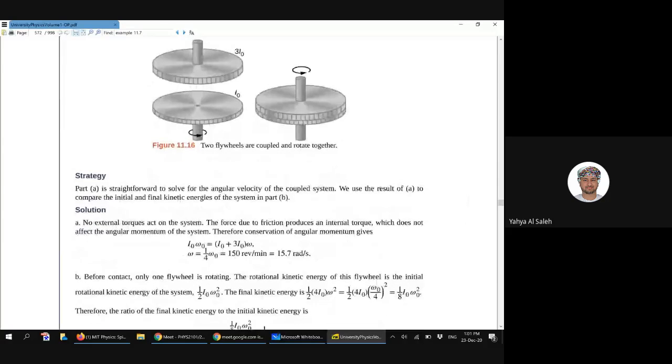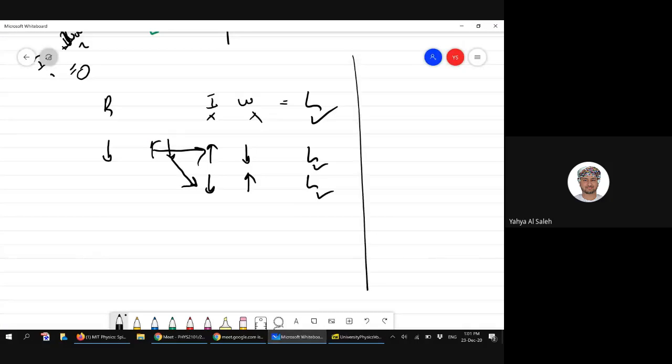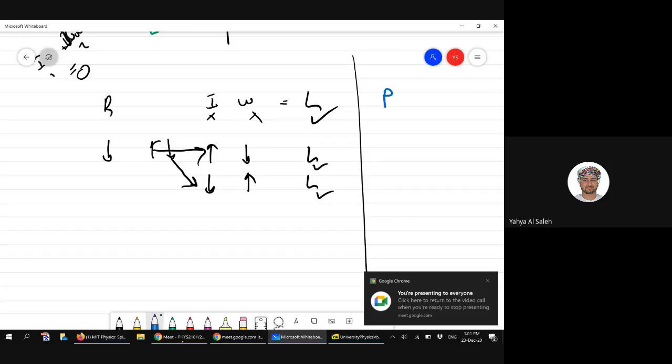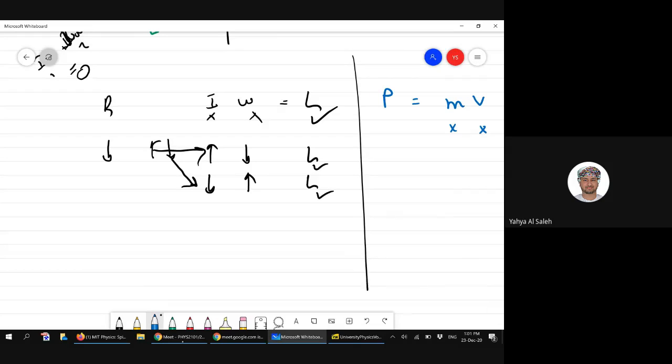Okay, it's the same with translation. Many times students get confused by some of the concepts. P equals mv. M is not conserved, V is not conserved, P is conserved. Yes, in day-to-day things that we do, M is usually also conserved. So if V goes up, P goes up. If V goes down, P goes down.